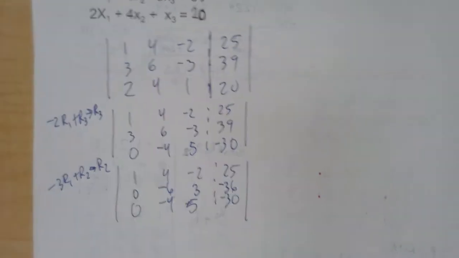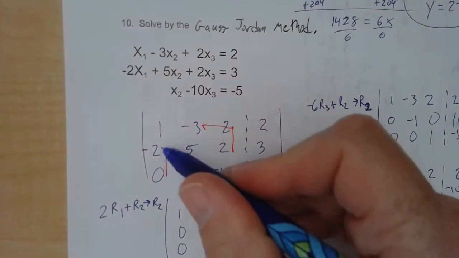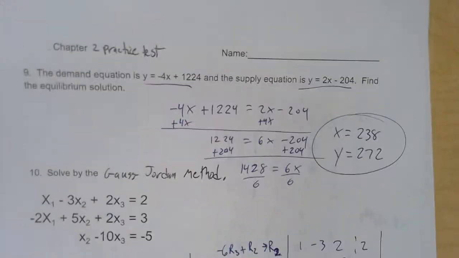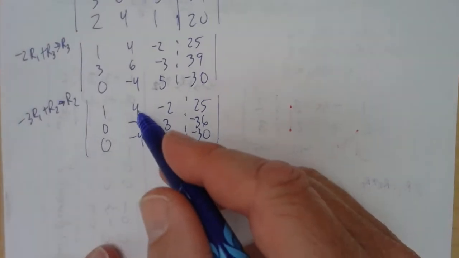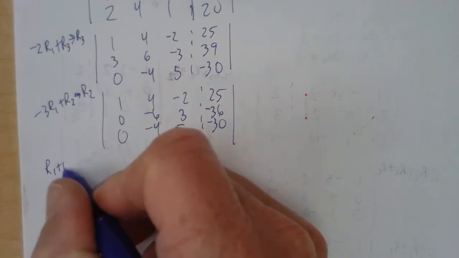Okay. So the strategy is the same as the first page. 0, 0, 0. Make these ones as they happen. 0, 0, 0. So I'm going to make this 0. Well, that's convenient because there's a 4 right there. So just add them together. Row 1 plus row 3.